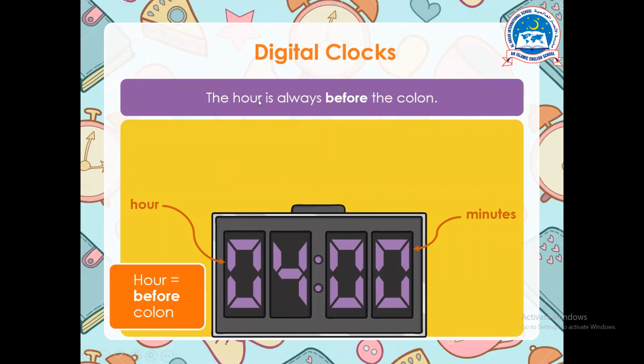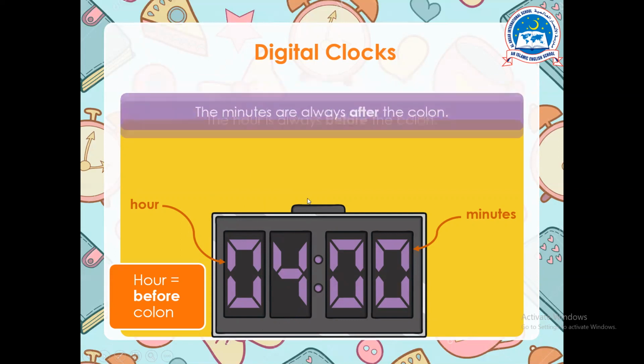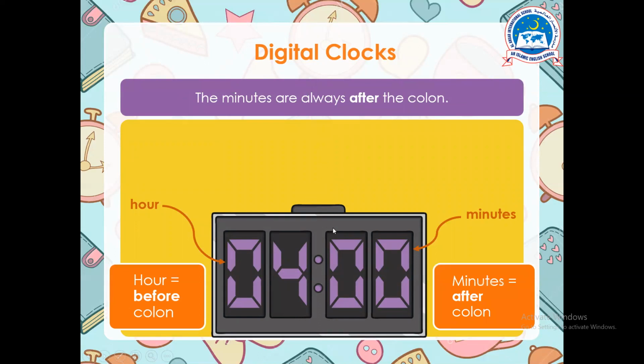The hour is always before the colon, and the minutes are always after the colon.